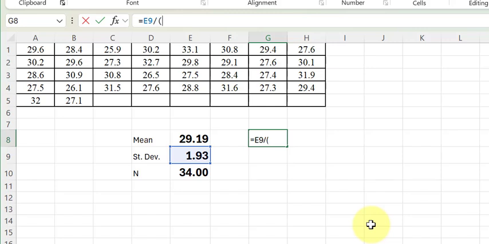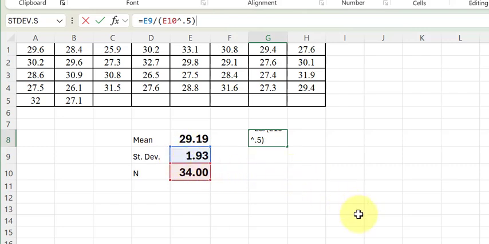You put in a parenthesis and you pick the cell that's got the sample size. And then you put that caret, that's the Shift 6, the little thing that looks like a less than or greater than, but it's pointing up. And then we put 0.5, which is what the square root is. And that's going to give us our standard deviation divided by the square root of sample size.